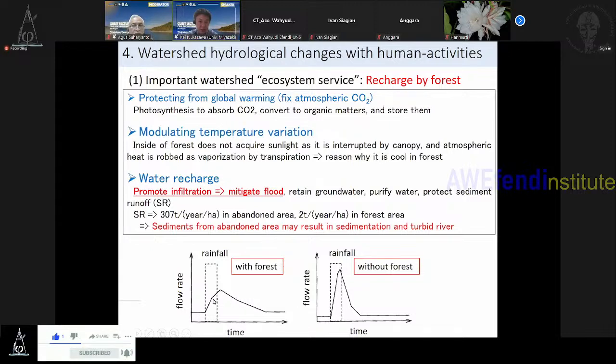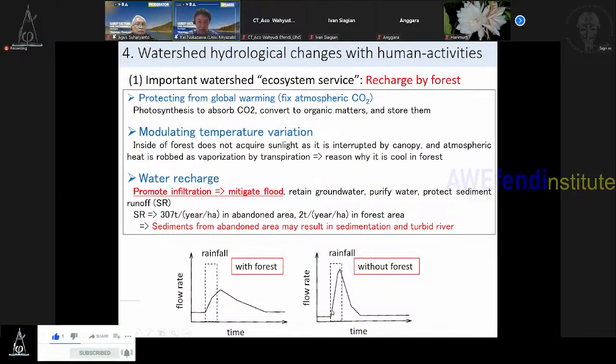So if forest exists, even with the same rainfall amount, the flow rate doesn't sharply increase like this, and it decreases moderately. And also the water is kept underground. So if forest exists, the river flow without the rain event is higher than that without forest.